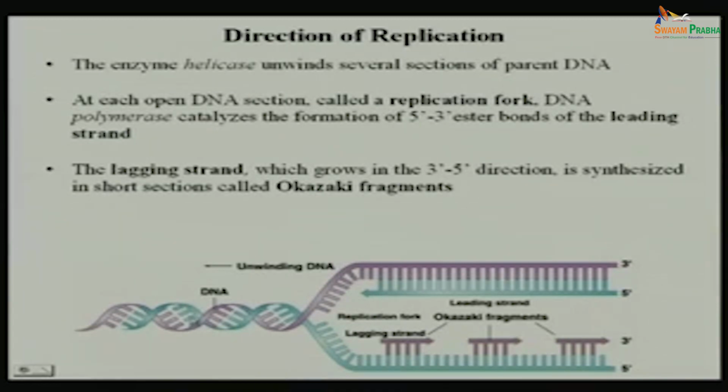So, here the parental strand got opened. One end is the 3 prime end, another is the 5 prime end, this is one parental strand, this is another parental strand. Now, there is a leading strand and another is the lagging strand.